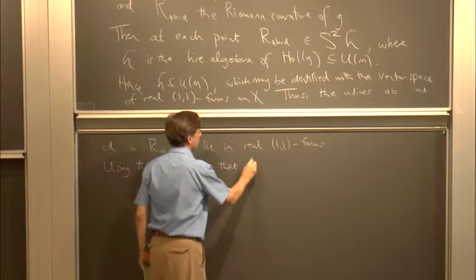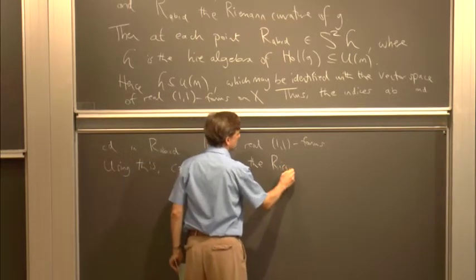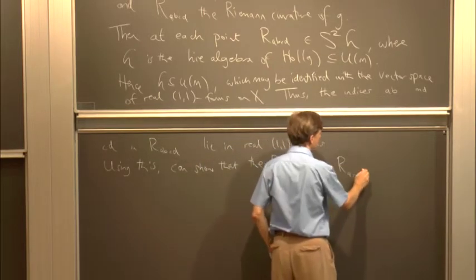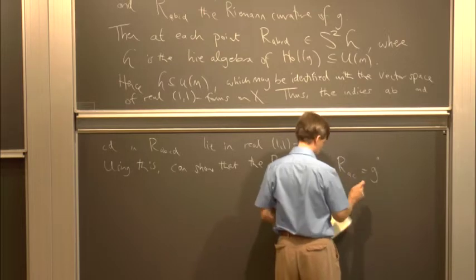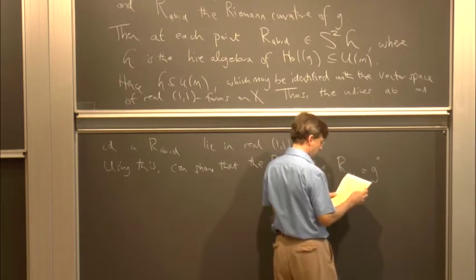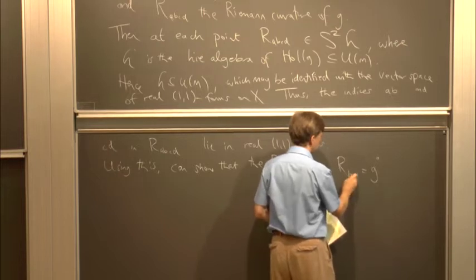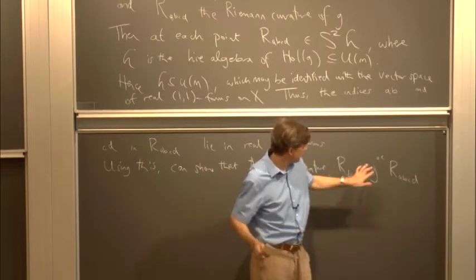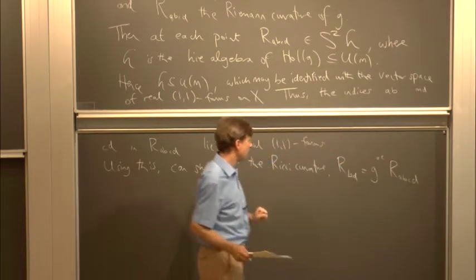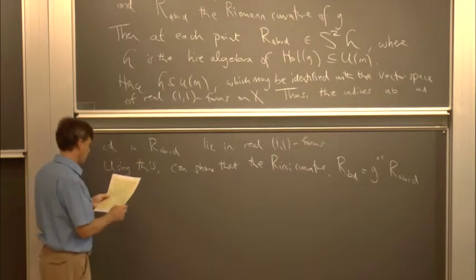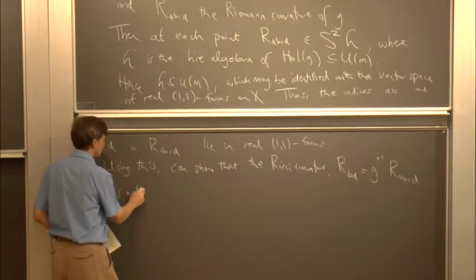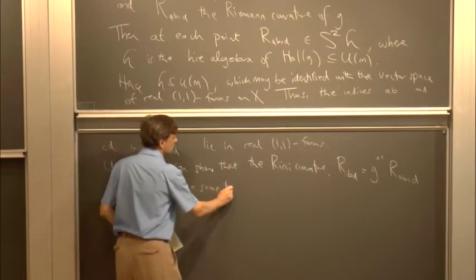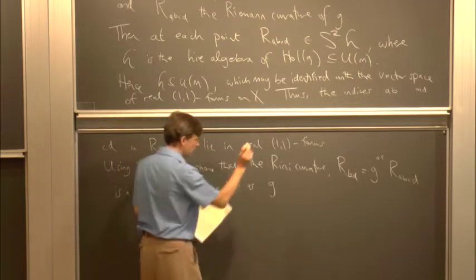that the Ricci curvature, which you can write as R_bd = g^ac R_abcd. So you take the trace using the metric of the first and third index. This is a tensor of the same type as g.